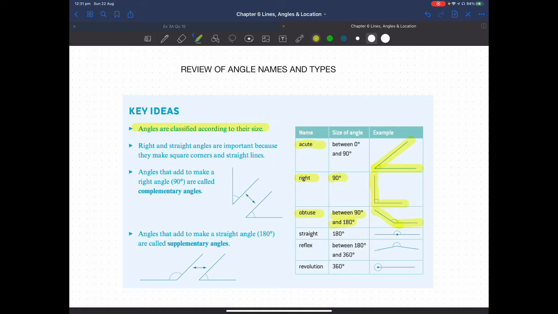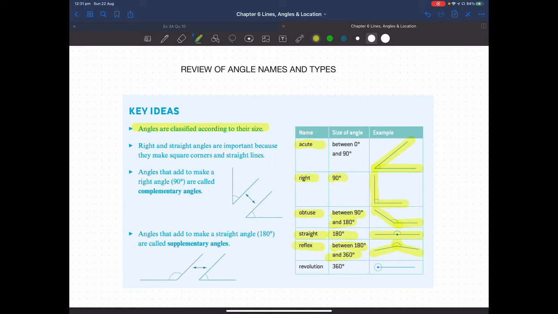If we have our lines that meet at a point along a straight line, we say it is a straight angle. The angle is 180 degrees. If our angle is between 180 and 360 degrees, then we call it a reflex angle.